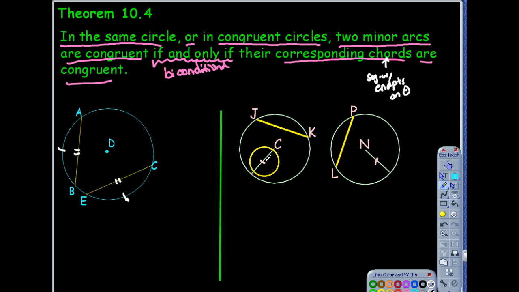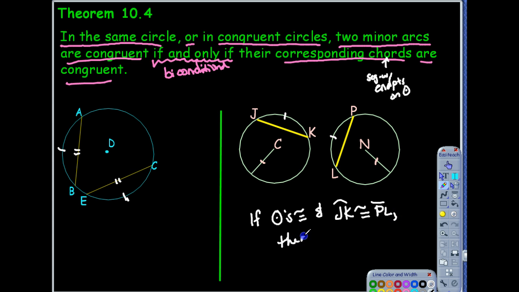Now, this one, notice that I'm showing what's special about these two circles. They have congruent radii, which means the circles are congruent. Right. So now, the same thing is true. If within two congruent circles you have arcs that are congruent, so the circles are congruent, which I know, and I know that arc JK is congruent to arc PL, then what do I know?